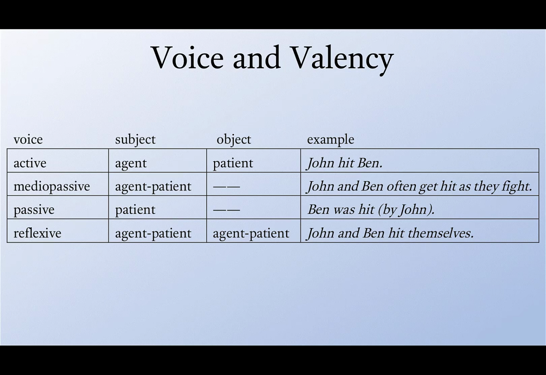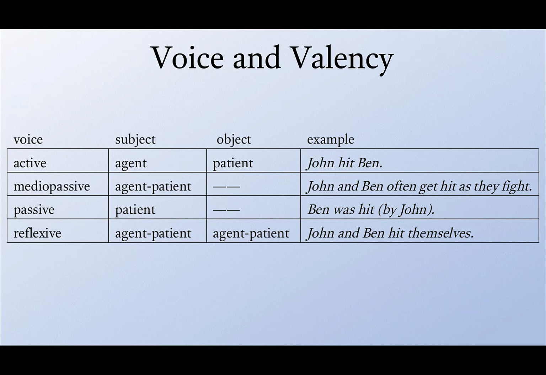Now, what about mediopassive? Well, this is a case where the agent is less agentive and in a way is experiencing the action as well. So an example with John and Ben is that they often get hit as they fight, where there's not an explicit statement here of who's doing the hitting, and really once the hitting has happened, how it connects with the bodies of John and Ben in a clear way.